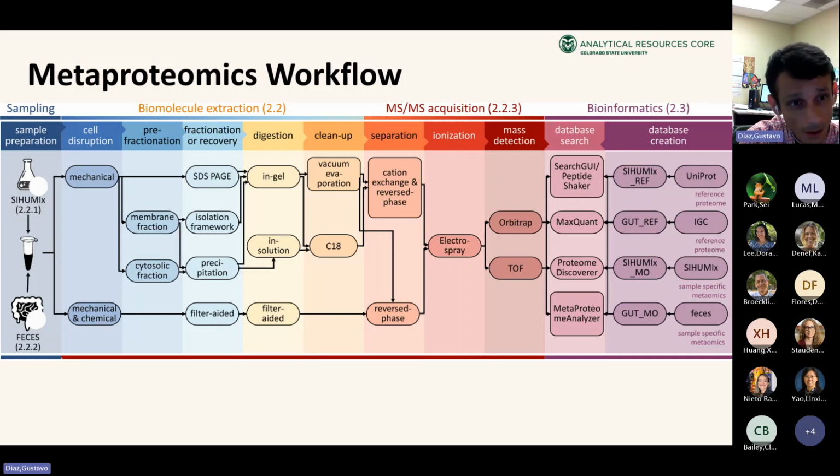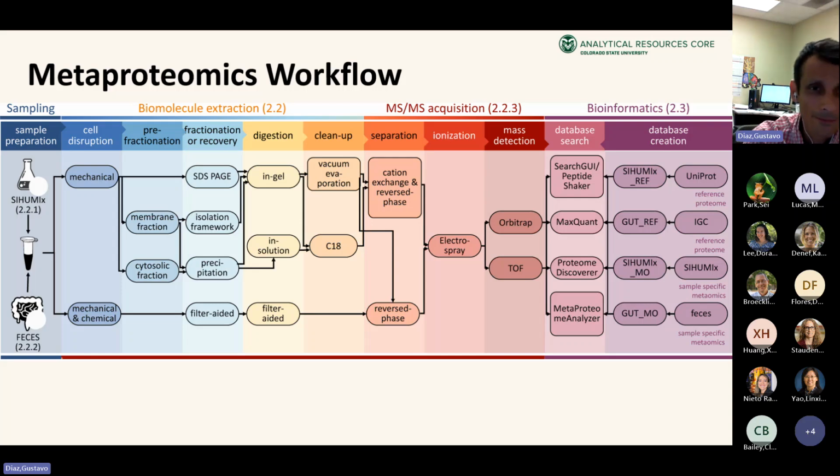And then there are several options for cleanup and separation. Separation is key because, for example, when we work with proteomics, the complexity of the proteome makes the analysis super difficult, so we need to do some fractionation. And that is for, let's say, human or bovine.